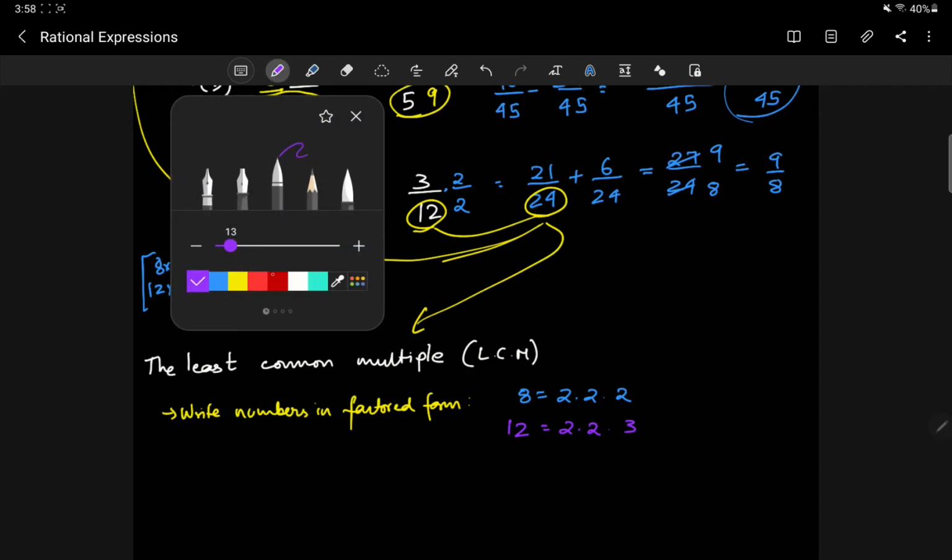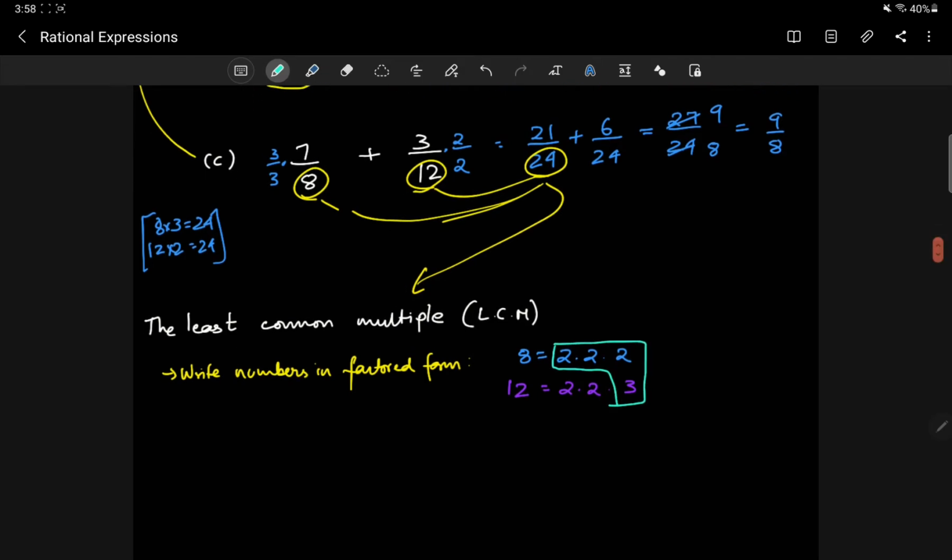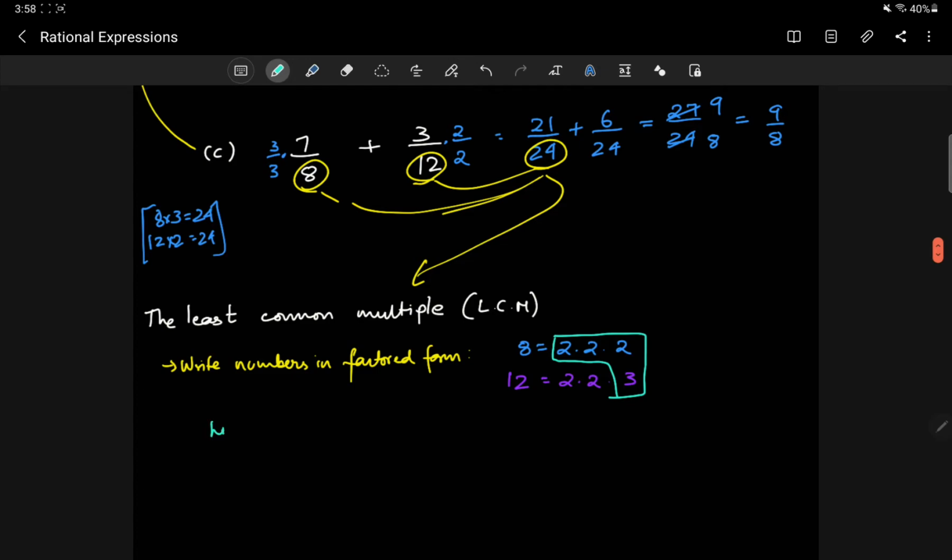What you do then is take the highest powers of each factor. That's why we picked all three 2's and just the one 3. And that gives me 2 times 2 times 2 times 3, which is 24.